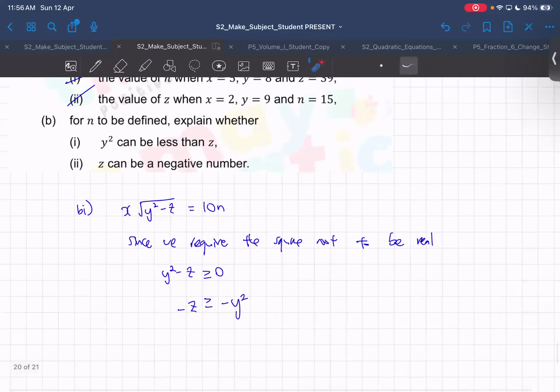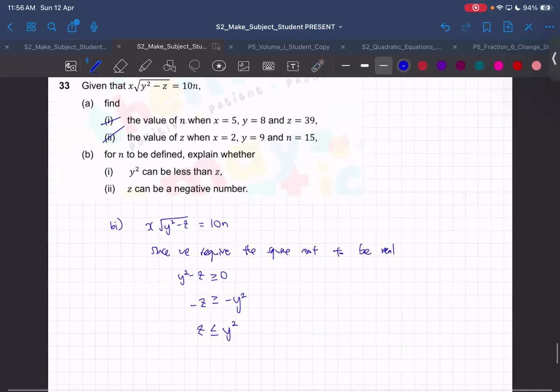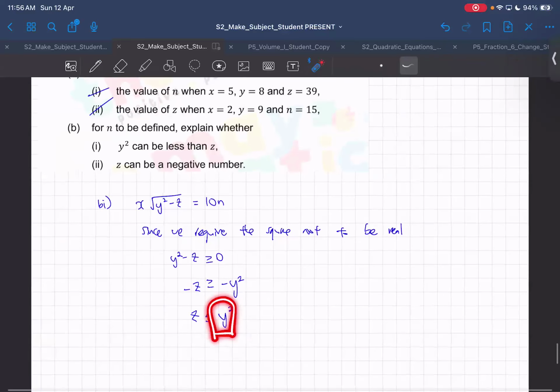So again, this is a recap. When you divide by negative numbers, my inequality sign will flip, right? So it will become z less than or equal to y squared. Then you realize that y squared must be more than z. So can it be less than z? No, right?